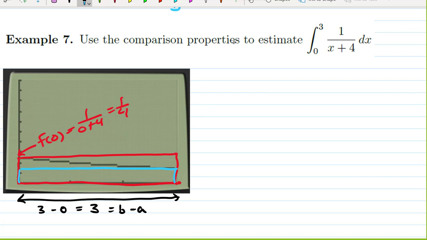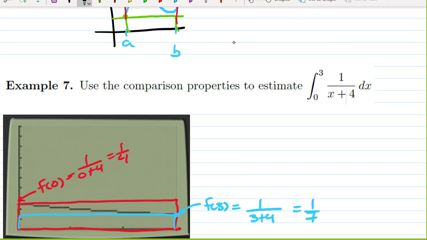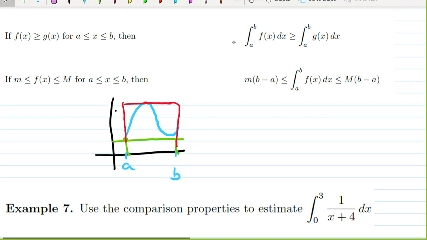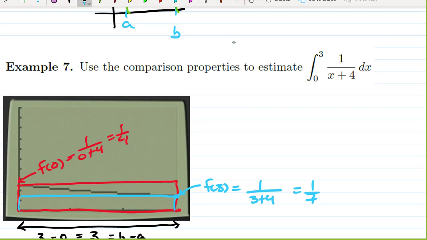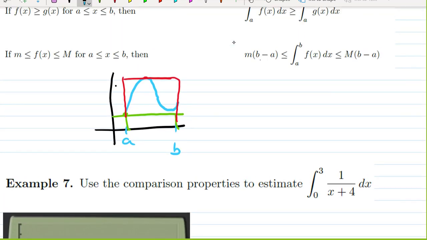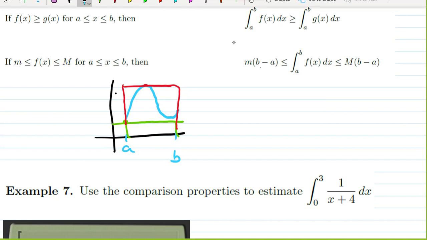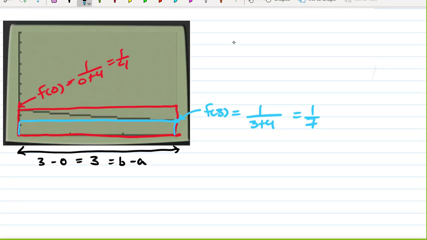And the minimum value occurred right here, at x equals 3, so that's f of 3, which is 1 over 3 plus 4, which gives us 1/7. So then, by our estimation property, we have little m less than or equal to f of x less than or equal to big M, so our little m is 1/7, our big M is 1/4, and it tells us that our integral is trapped in between these values.